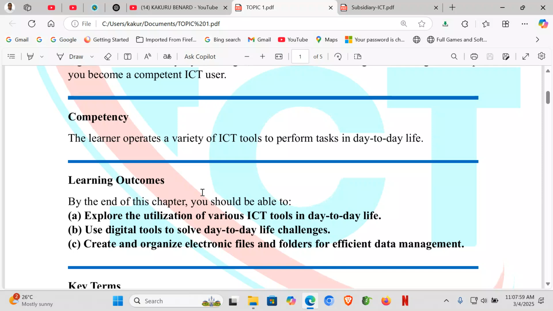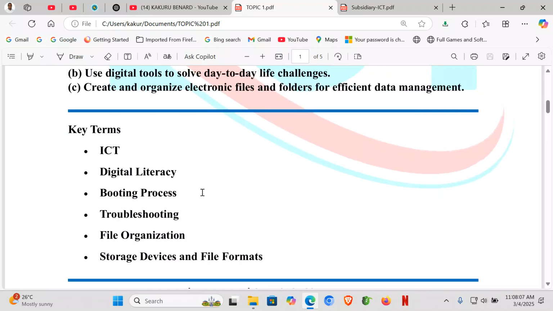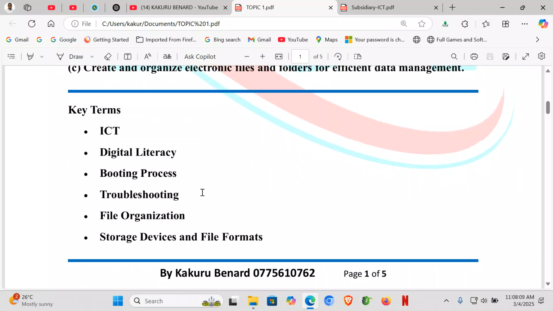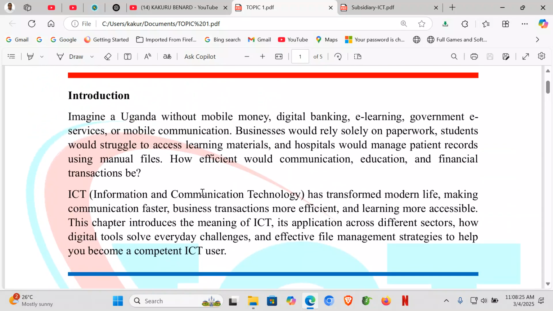C. Create and organize electronic files and folders for efficient data management. Some of the key terms you expect to meet in this topic: ICT, digital literacy, booting process, troubleshooting, file organization, storage devices, and file formats. These are the keywords that will be outstanding in this topic.